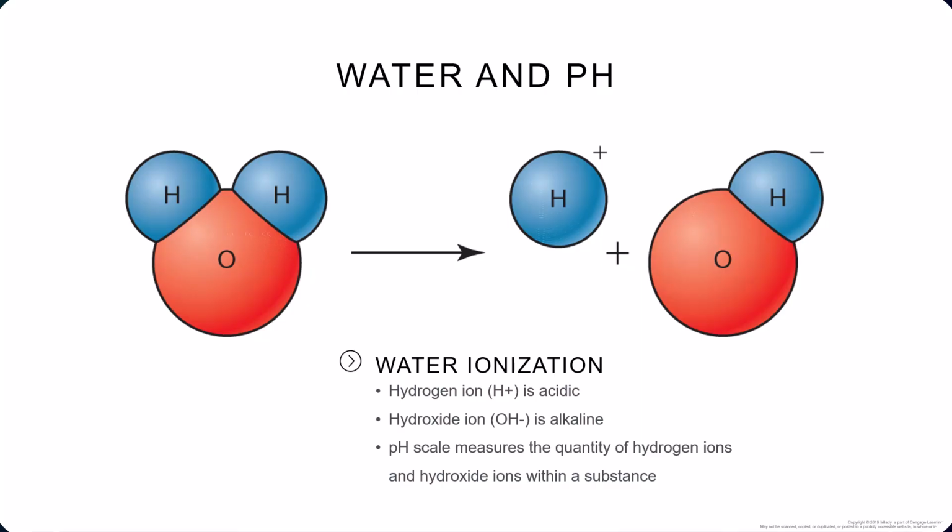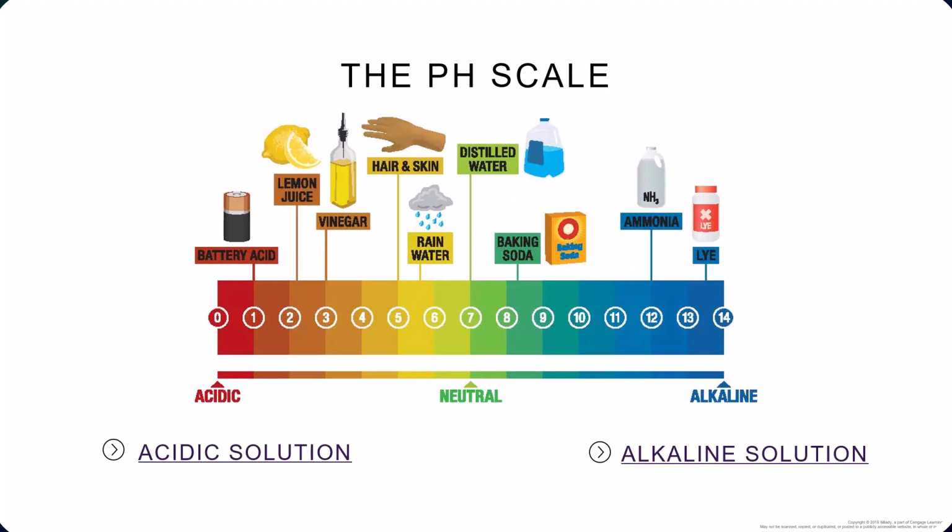The pH scale measures the acidity and the alkalinity of a substance. It's a scale that ranges from 0 to 14, where 7 indicates the neutral solution, which would again be our distilled water, because it has the same amount of hydrogen ions as it does hydroxide ions.